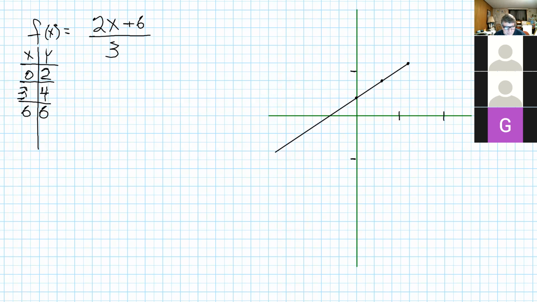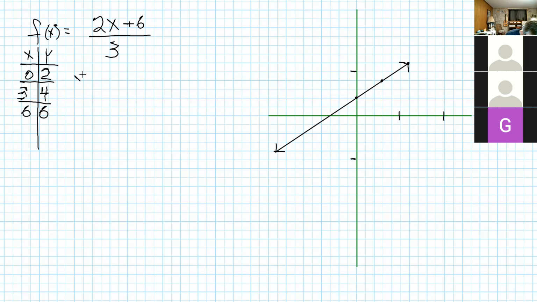All right. So there is a function. Would you agree that it's one-to-one? Yes. Okay, let's find its inverse. We're going to take the original function and replace f of x with y.